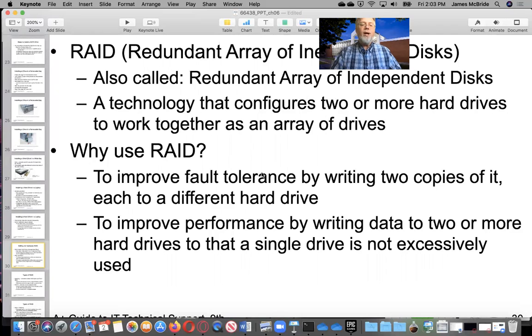Anyway, why use RAID? Well, RAID is a way to provide what they call fault tolerance. And that's just simply tolerance for any faults that might happen by writing 2 copies of the same information to a different hard drive, right? So I'm going to put the information here on this hard drive, and at the same time, it's going to write it to this one.